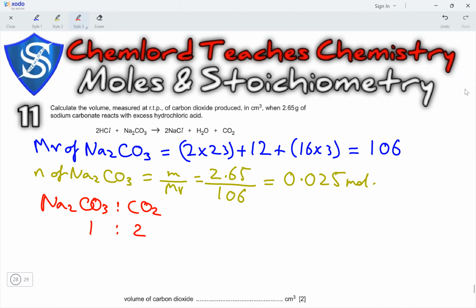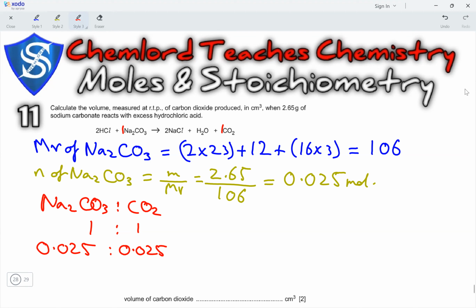Therefore, if the moles of sodium carbonate is 0.025, then the moles of carbon dioxide would be 2. Actually, it's not 1 is to 2, it is 1 is to 1, because if you can see that 1 mole of sodium carbonate reacts with 1 mole of carbon dioxide. So the number of moles would remain the same. So it would be 0.025 moles of sodium carbonate equal to 0.025 moles of carbon dioxide.